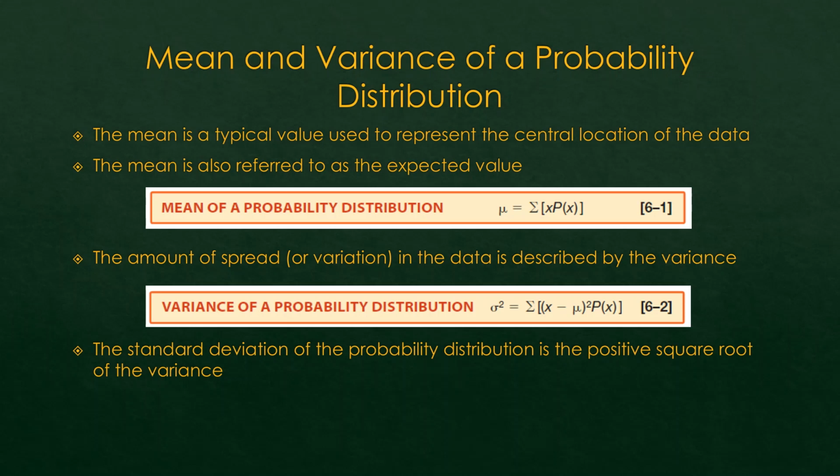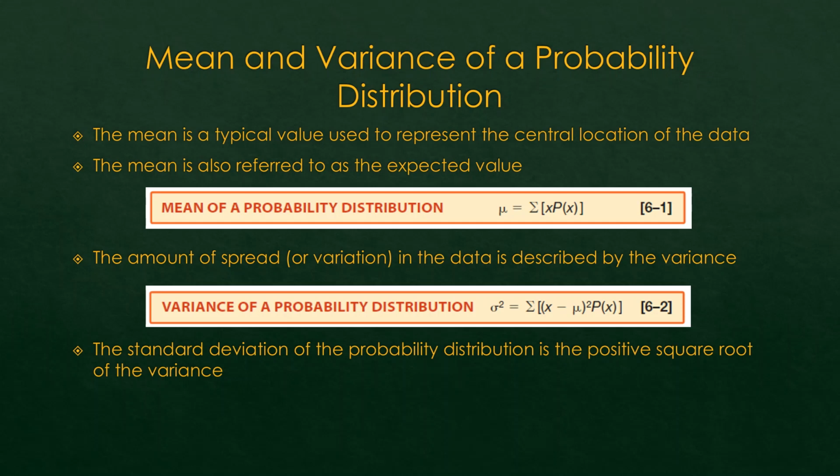So the mean of a probability distribution, which we looked at in the previous lecture, is the sum of the probability of x multiplied by x. Okay, so you've got a probability and then you have the actual value of x. You multiply those together and you add all of those products together, and that gives you the mean or the expected value.